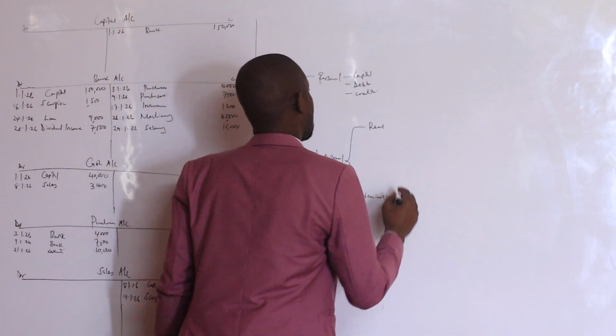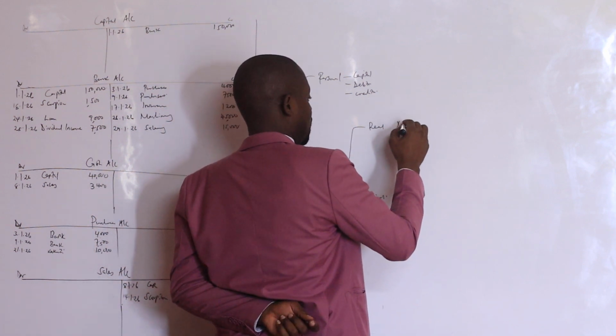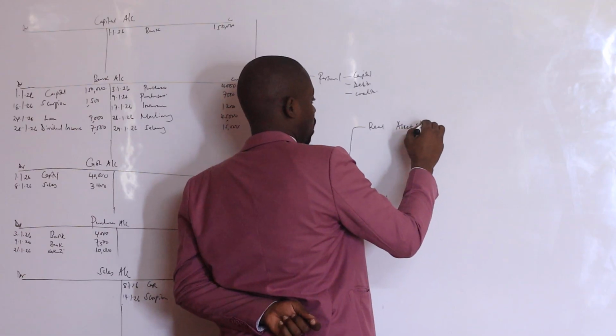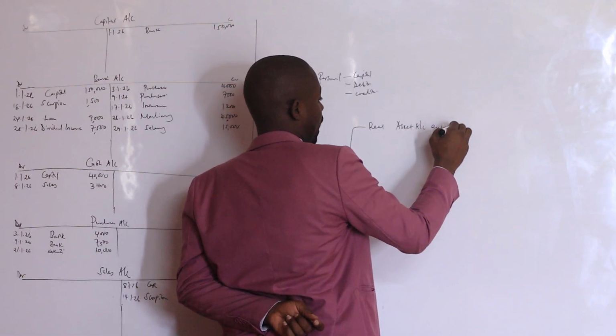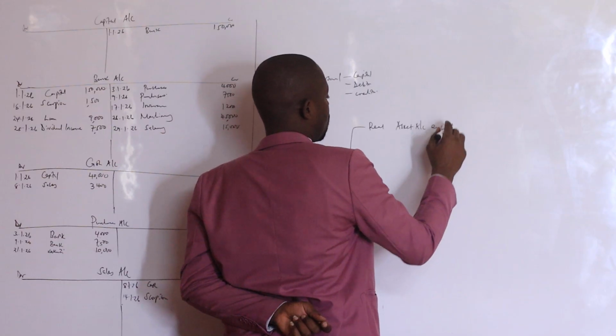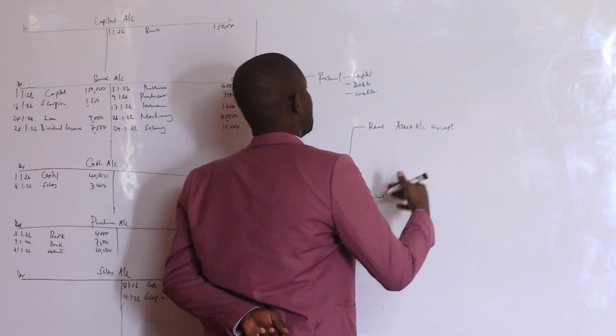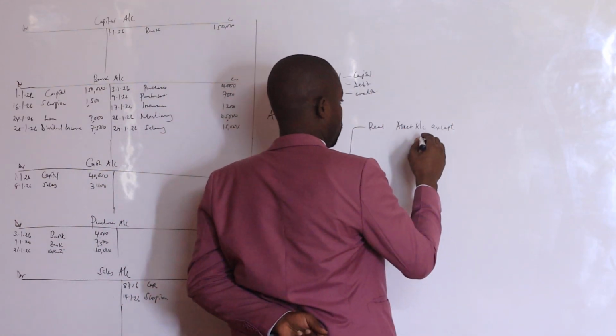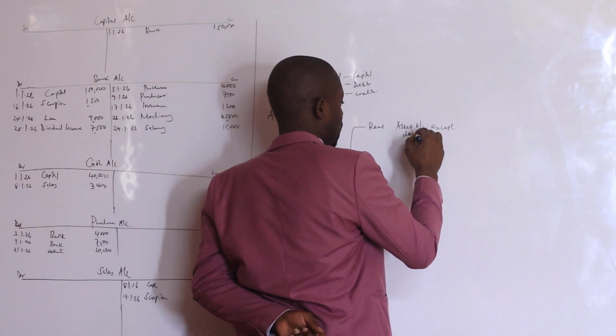Real accounts are accounts of assets except debtors. Asset accounts except debtors. Why are we excluding it? It's because it is a personal account. So that's what we are saying, except debtors.